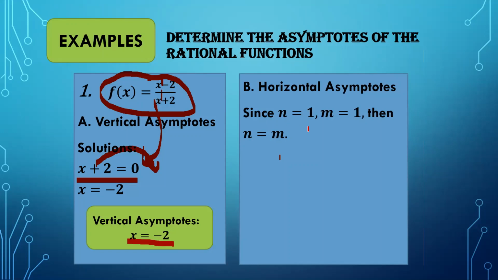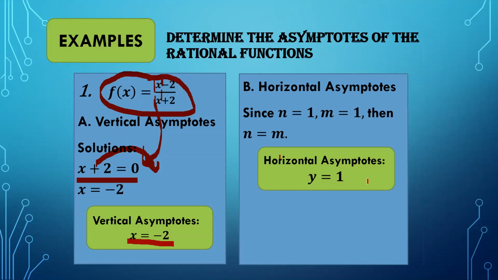By the second condition, since n equals m, what is the coefficient of x here? Obviously 1. So that is 1 divided by 1. Therefore, y equals 1.